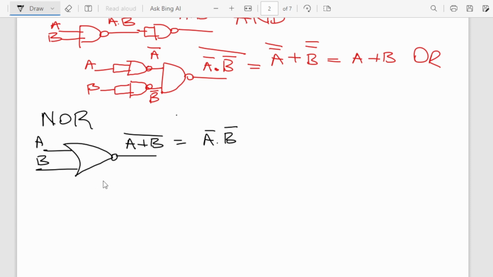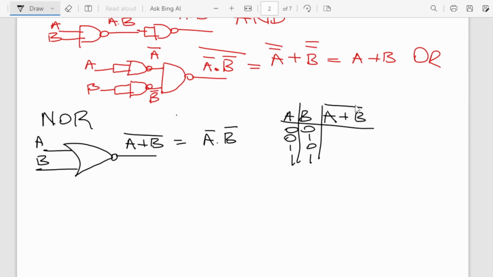Okay, so first thing we can do, let's draw the truth table for the NOR gate. The truth table is going to be A, B, A plus B, all bar. Our combinations are 0, 0, 0, 1, 1, 0, and 1, 1. Again, we're just counting in binary, 0, 1, 2, and 3. That's the maximum we can do.